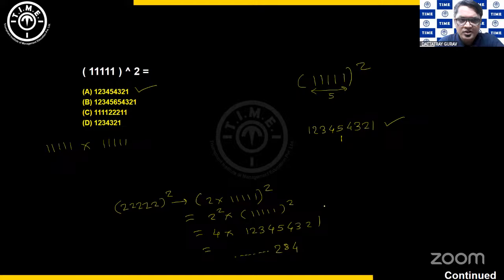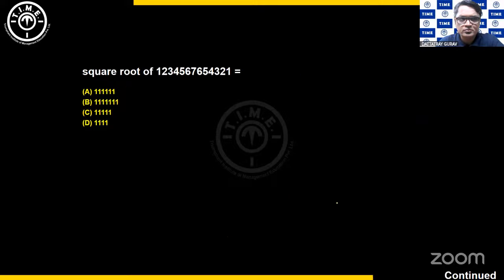Let's take the next question now. Try to work on this. And again, if you look at this question based on root, finding a root is difficult as compared to finding a square. So just apply the previous logic in this question. Starting from 1, the number increases up to what?